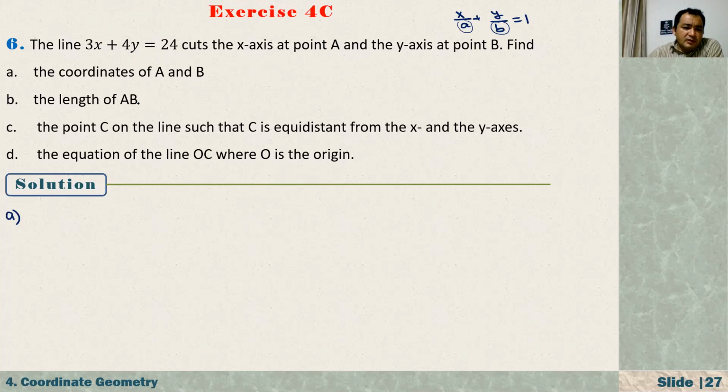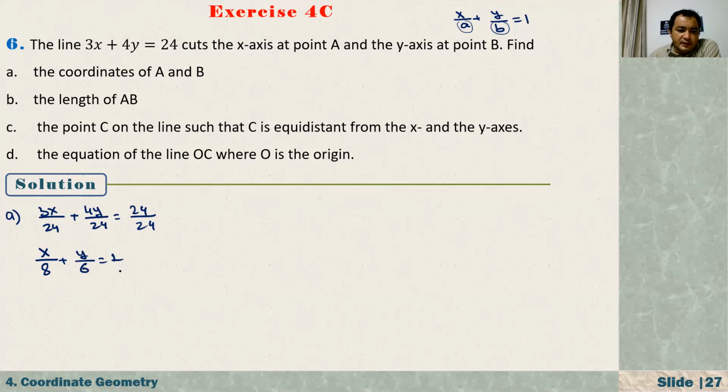If you divide both sides by 24, we have 3x over 24 plus 4y over 24, and on the right hand side, 24 over 24. So after cancelling, x over 8 plus y over 6, and on the right hand side, 1. That means the line cuts the x-axis at 8 and the y-axis at 6.